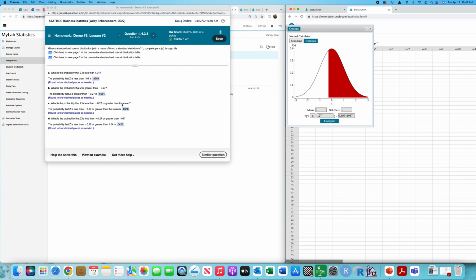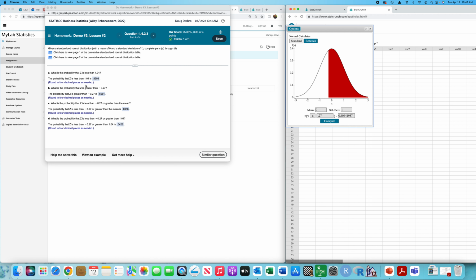What is the probability that z is less than negative 0.27 or greater than the mean? Now, this gets into something we studied earlier, the probability of this or that, and we have to subtract out the probability of and happening. But you can't be higher than the mean and less than negative 0.27, so that probability is 0. So all we have to do is add the probabilities.